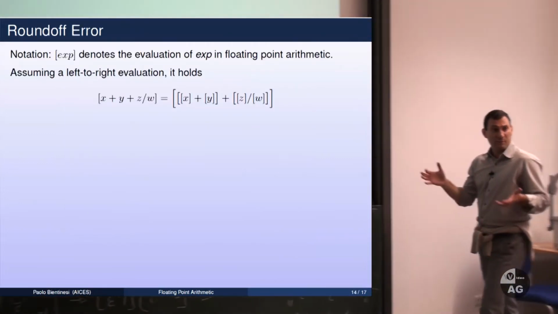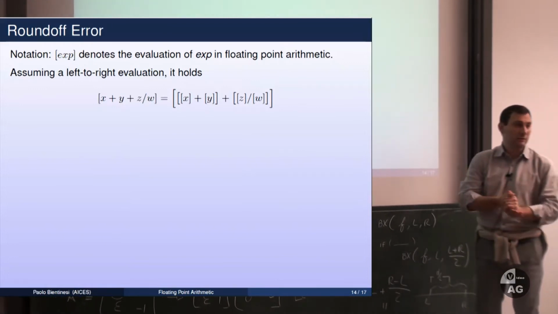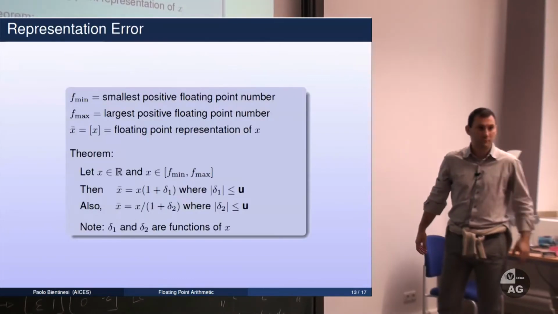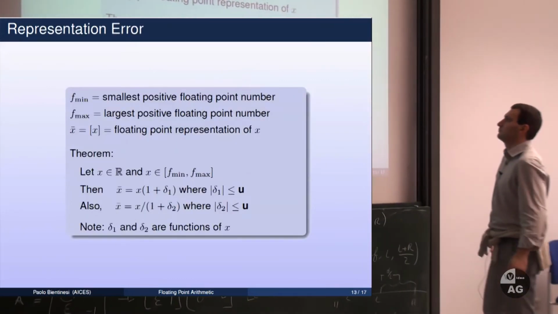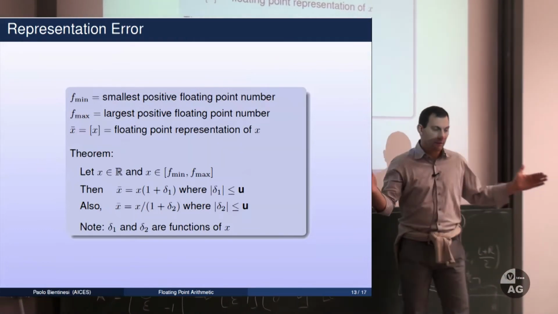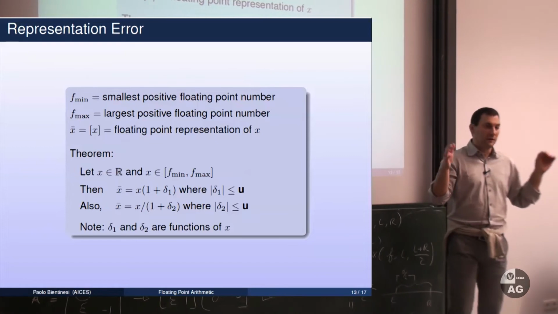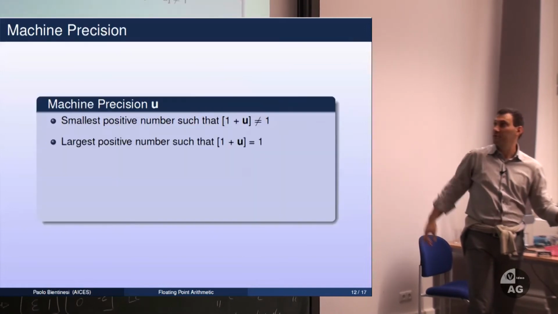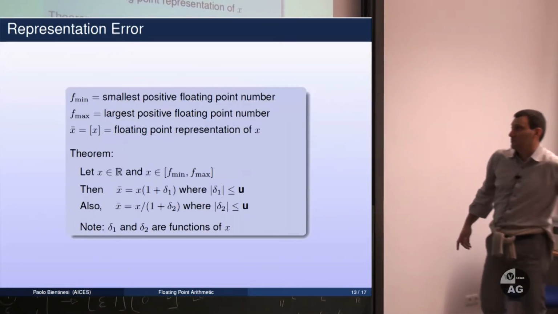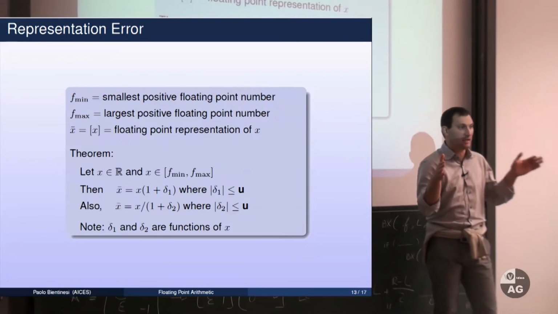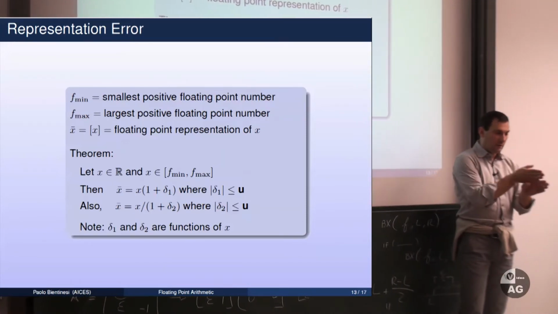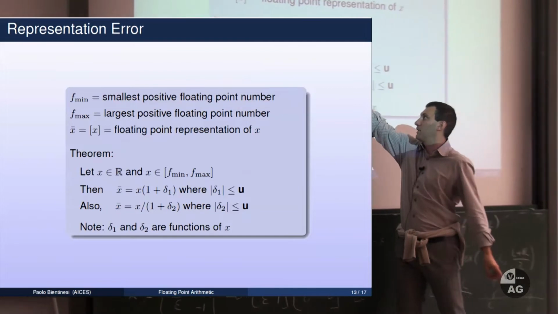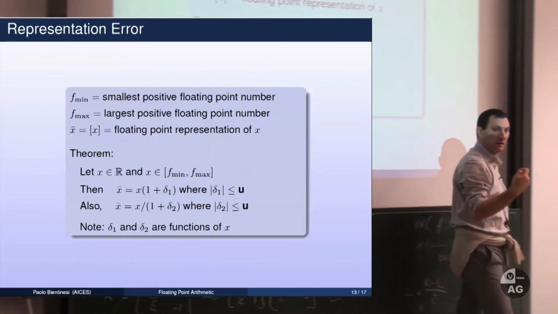Okay, that was for the representation of numbers. Now let's look at the round-off errors. I told you that there are 3 types of errors. Representation error is the first one. What the slide tells you is that no matter which exact number you have, your computer will approximate it with something that is only 1 plus delta away from the exact number.